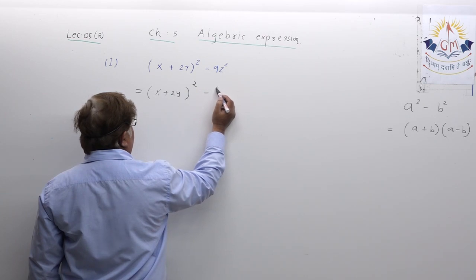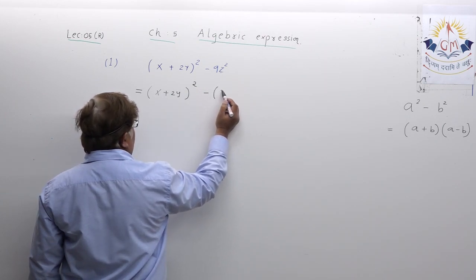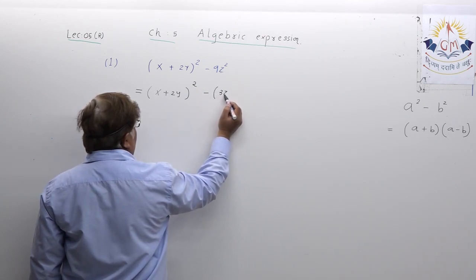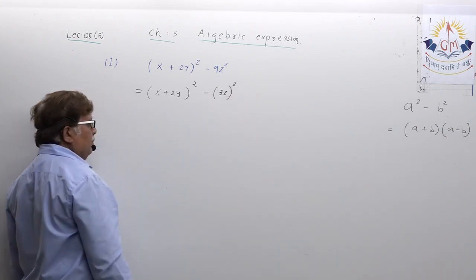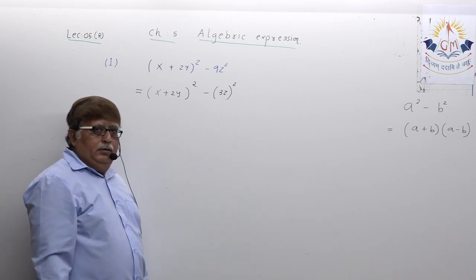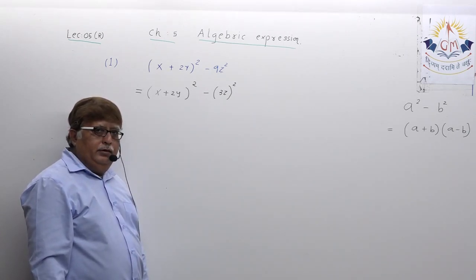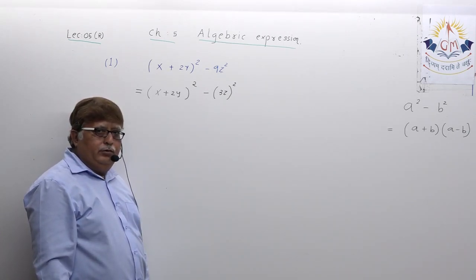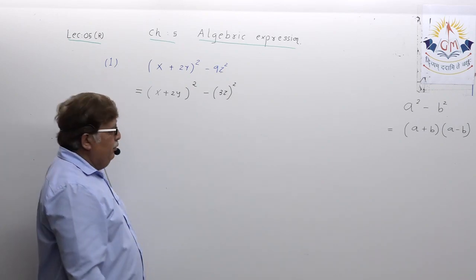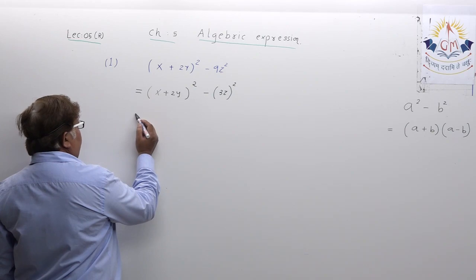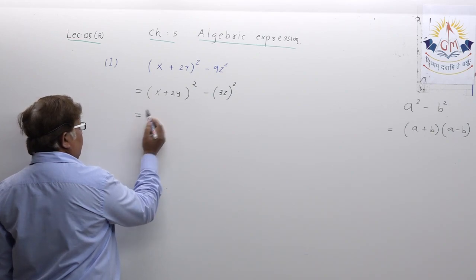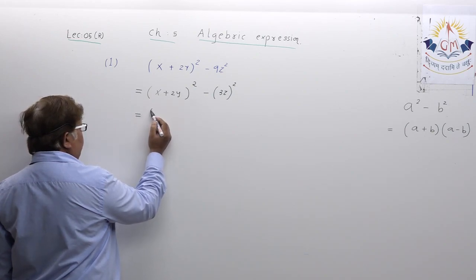Square root of this is possible, yes. 3z whole square. Now, after you took out the square root, as you know, one time plus, one time minus.